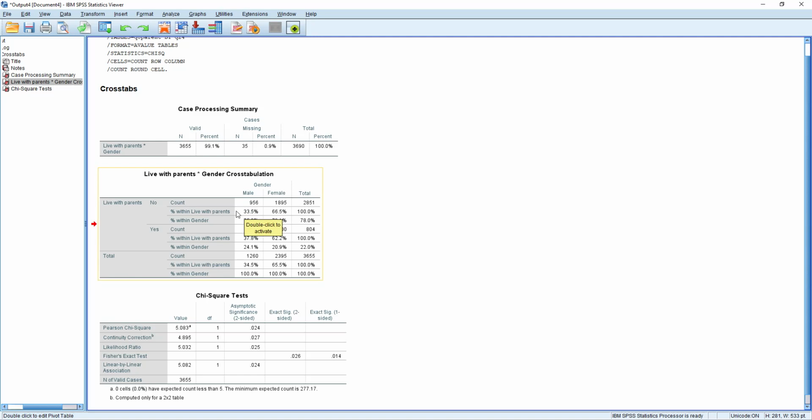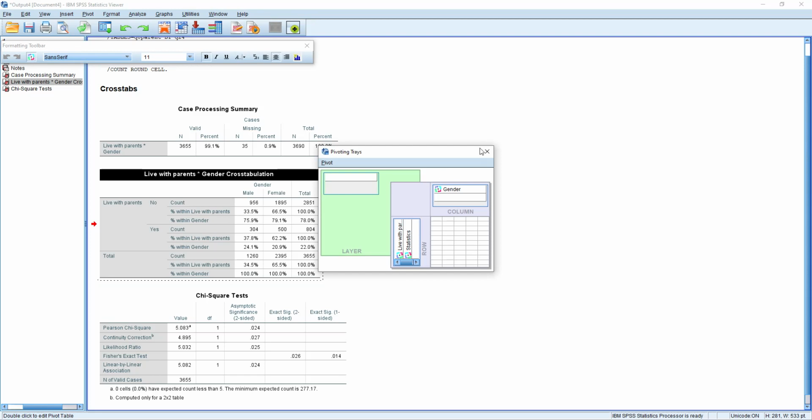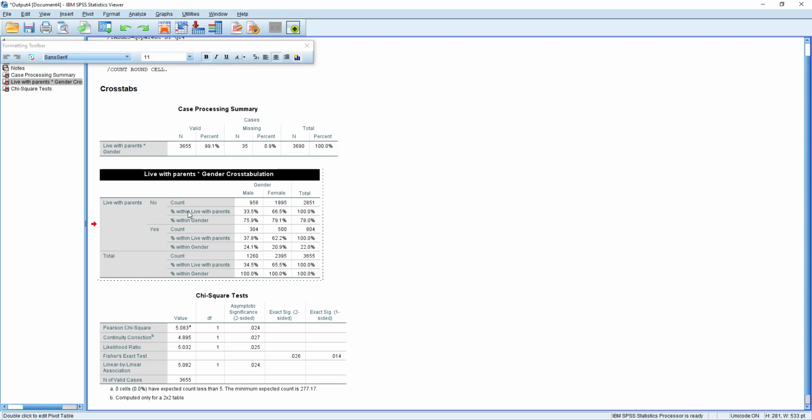This first percentage here is looking at the percentage within living with parents. That shows us that 33.5% of students who are not living with parents, because we're in the no section here, are male, while 66.5% of students who are not living with parents are female.